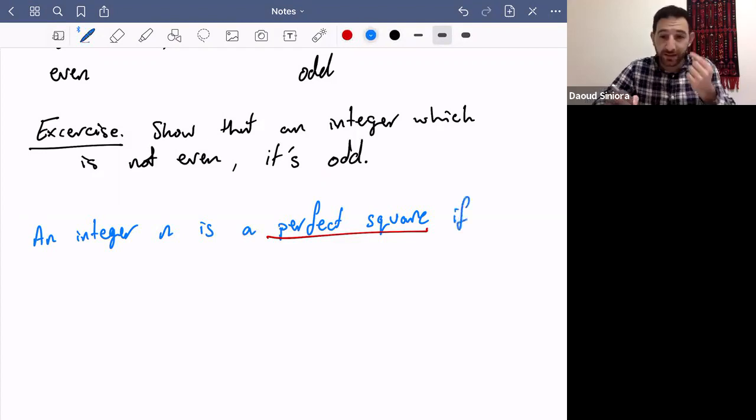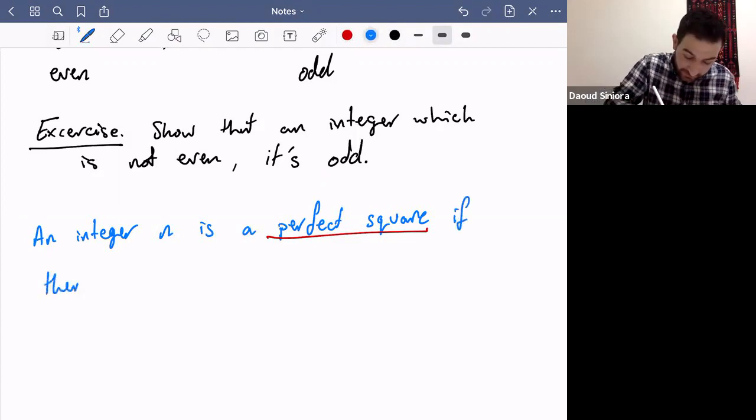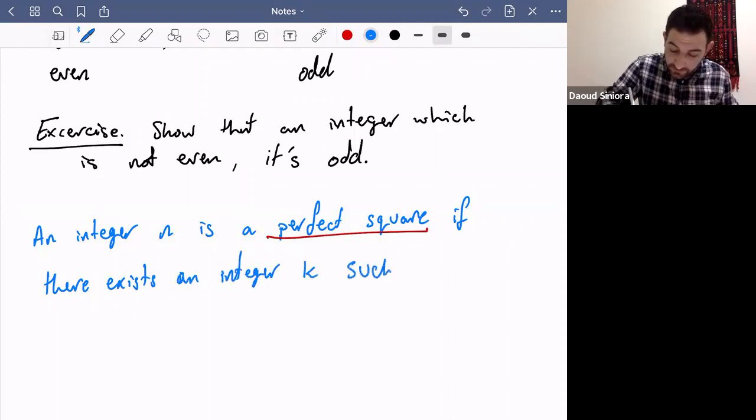If we can find some integer k, so if there exists an integer k such that n is equal to the square of k.